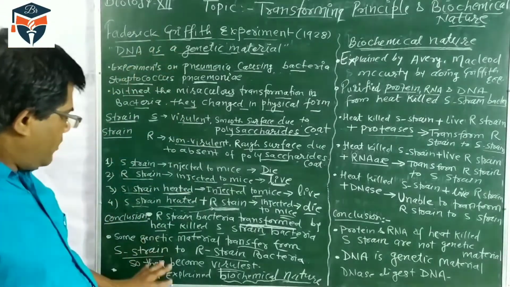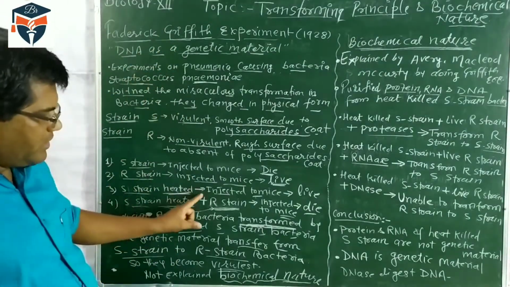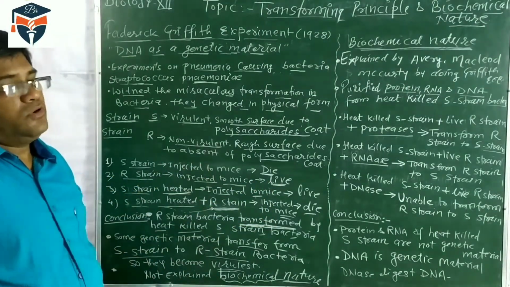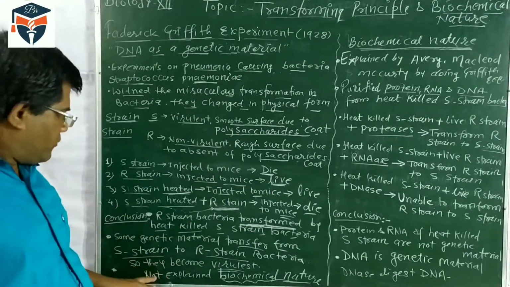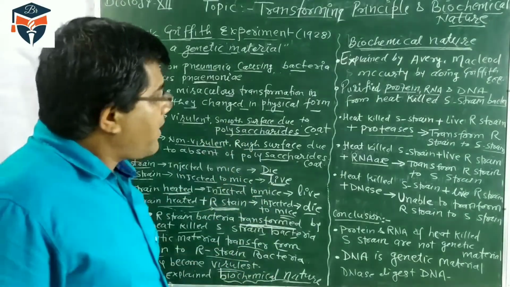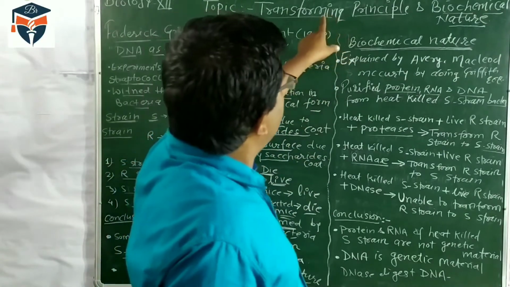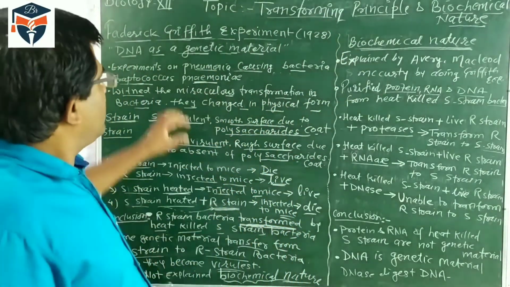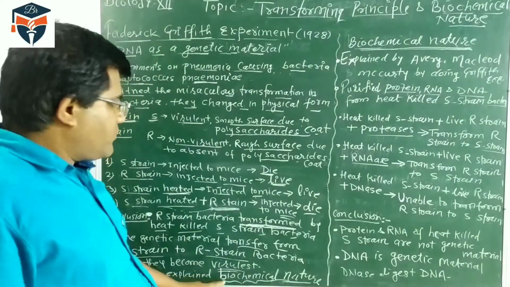He only said that genetic material is transferred from one bacteria to another bacteria. So the biochemical nature of the genetic material was not explained in the Griffith experiment.